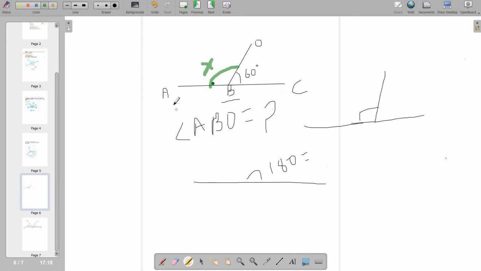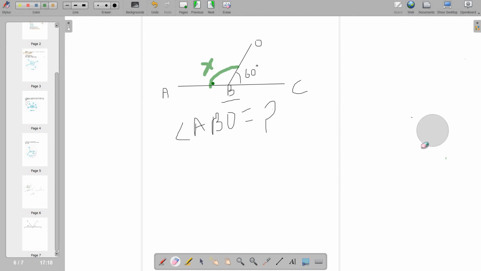Let us clear the diagram first. Sorry, my diagram is not very clear.